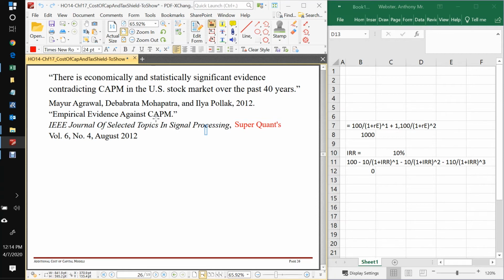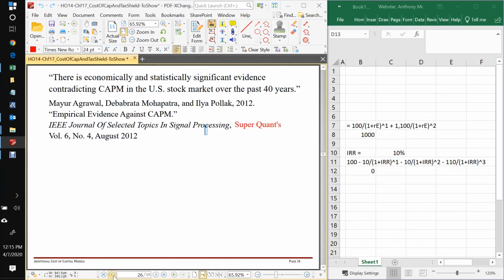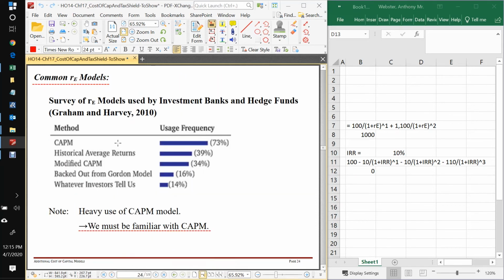So they turned to finance and looked at CAPM, and in their paper, Empirical Evidence Against CAPM, they said, among other things, there's economically and statistically significant evidence contradicting CAPM in the US stock market over the past 40 years. That's a fancy way of saying there's a lot of evidence that it just doesn't work very well. But in spite of those caveats, we've got to be familiar with it just because it's used so widely.